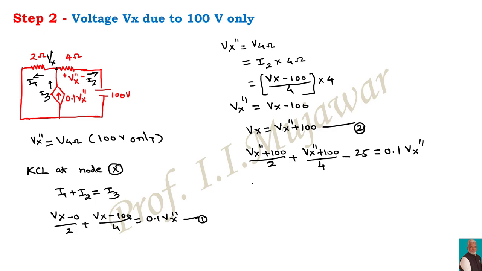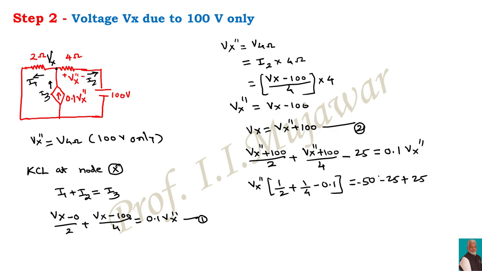Again, taking Vx double dash common, it is 1/2 plus 1/4 minus 0.1, equal to, so 100 by 2 is 50, minus 50, minus 25 plus 25.